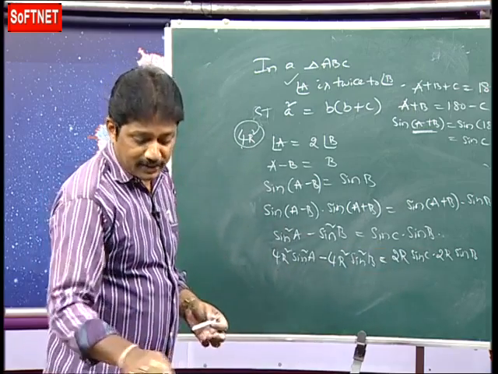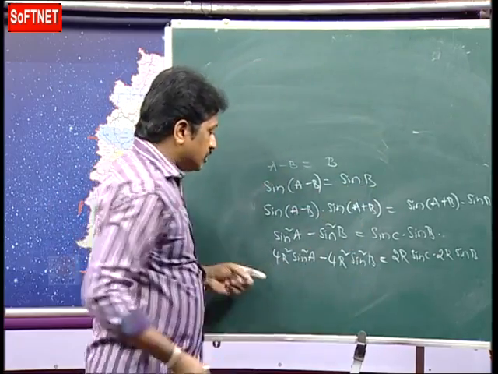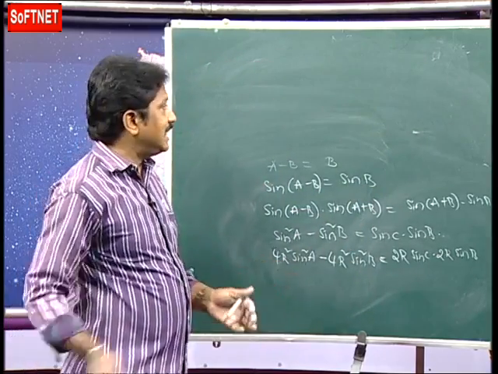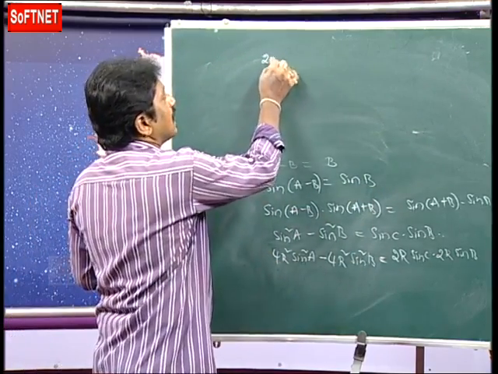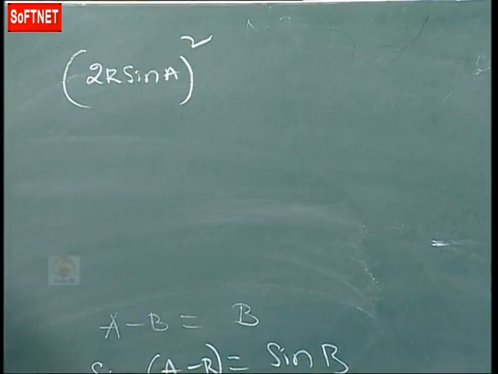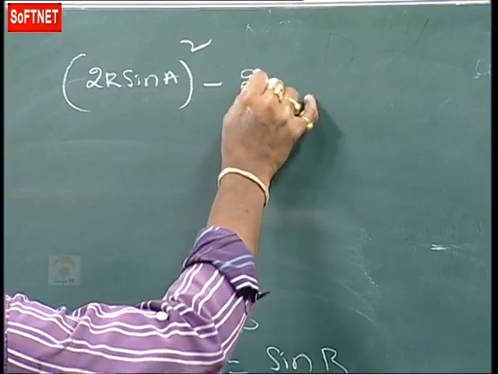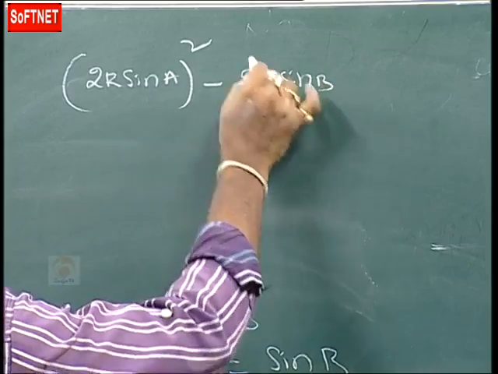Okay. Now I will write the rest of the steps here. Just observe it. You can write 4r square sine square A as 2r sine A whole square, and 4r square sine square B as 2r sine B whole square.